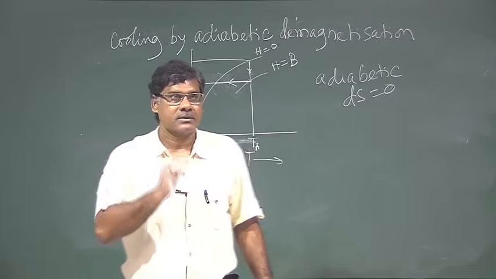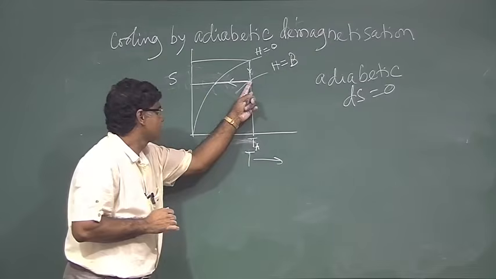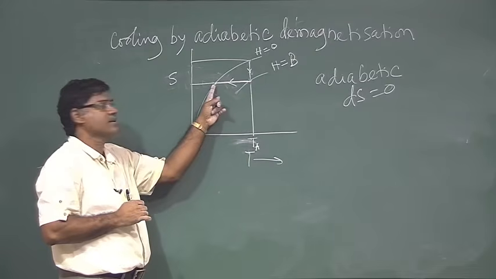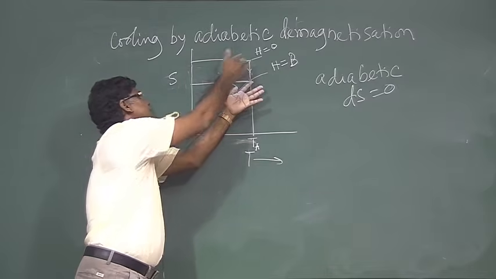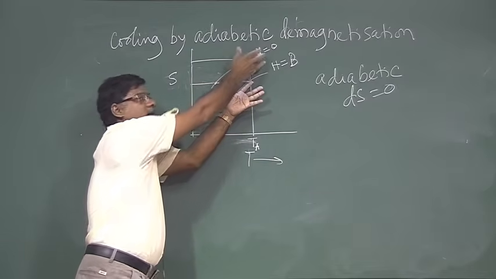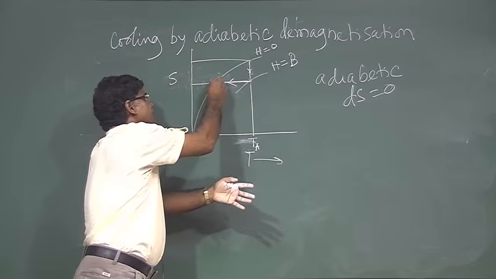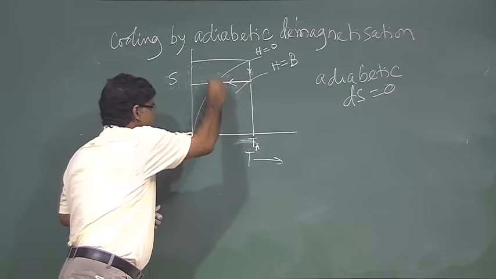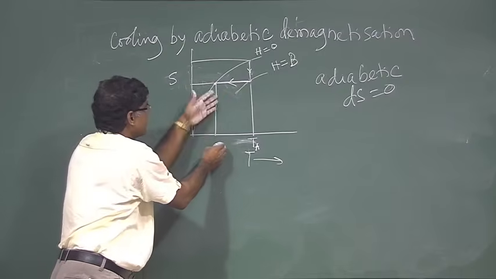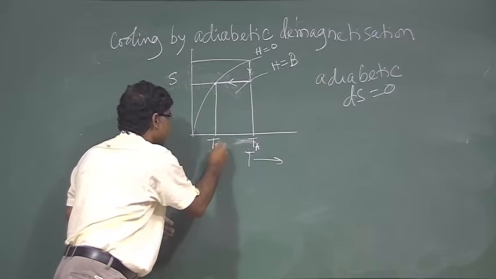So the temperature changes, and it will come back to its curve where H equal to 0. So, this is the point, and I can say the temperature is Tb.